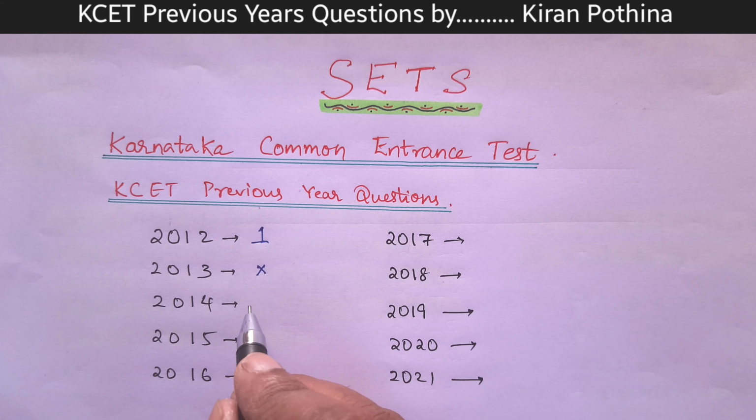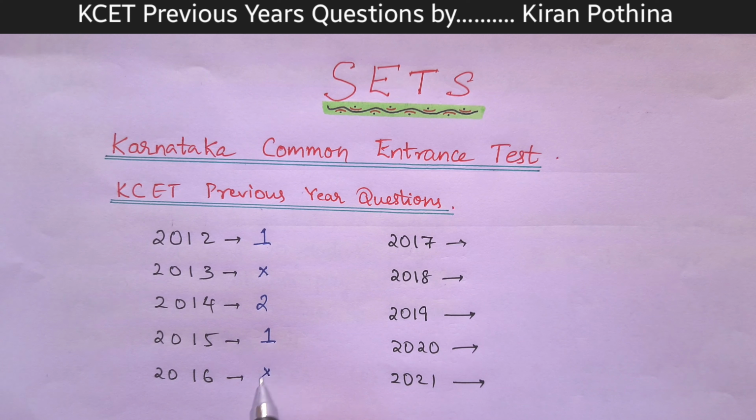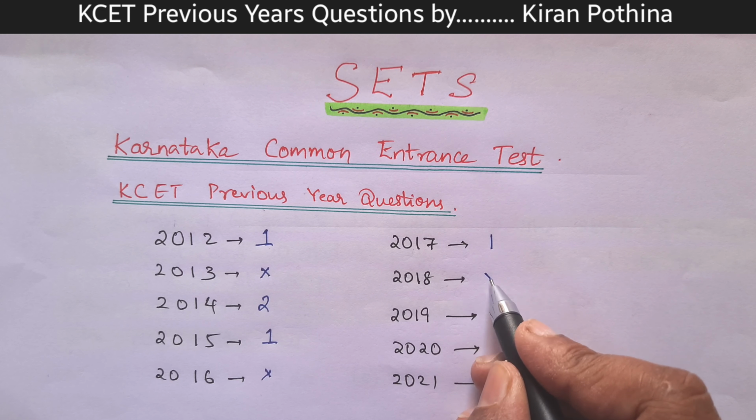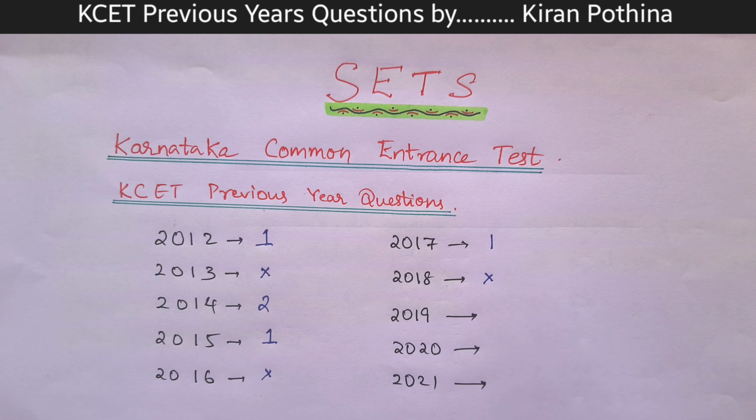In 2014 you got two questions from this chapter, and then in 2015 one question. 2016 there is no question, and in 2017 one question. 2018 there is no question from sets, and in 2019 they asked one question. 2020 also one question, and in 2021 they asked two questions from this.